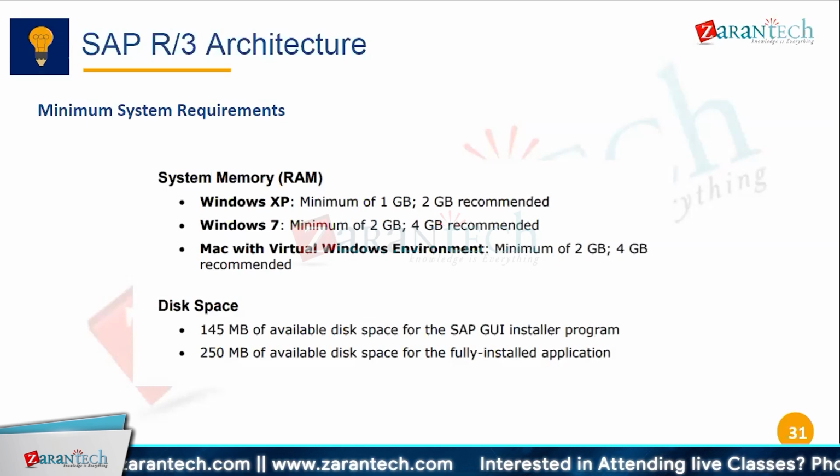Windows 7 needs a minimum of 2 GB; 4 GB would be the best. Mac with a virtual Windows environment, minimum 2 to 4. You need at least 145 MB disk and 250 available for the SAP GUI and for the disk space for a fully installed application.